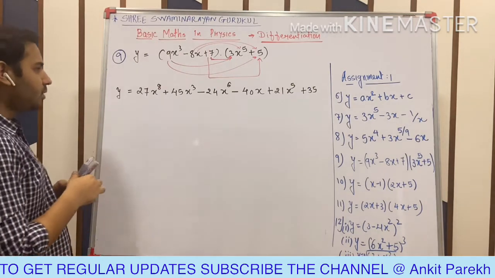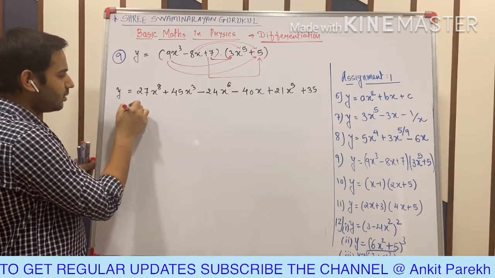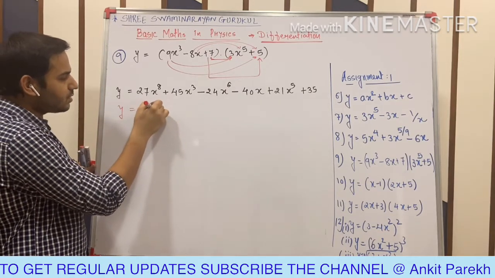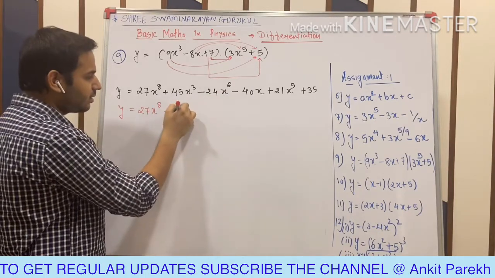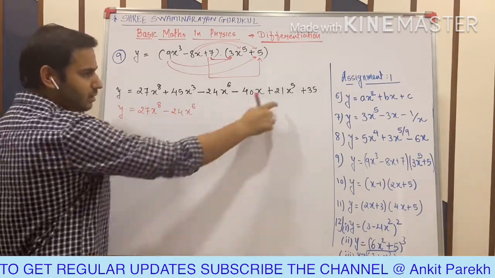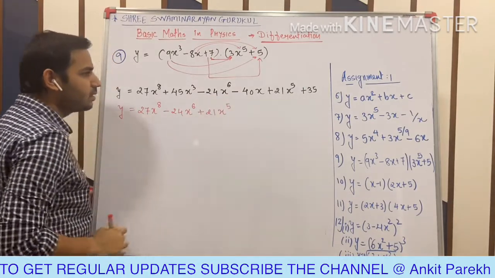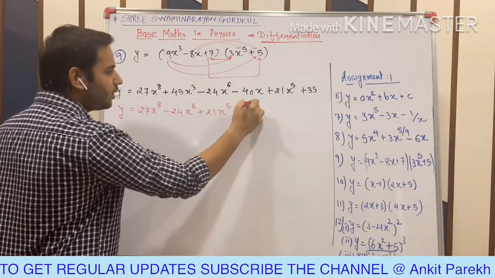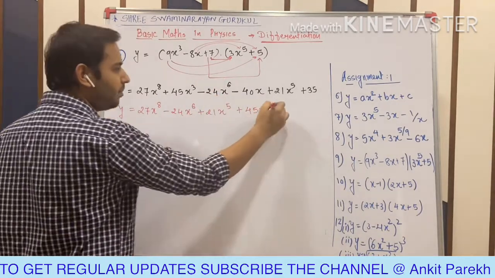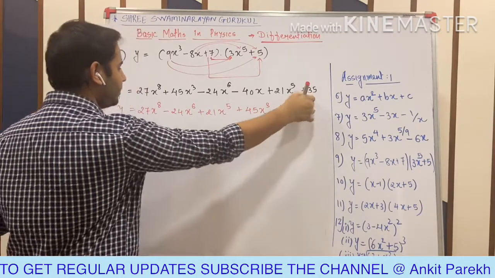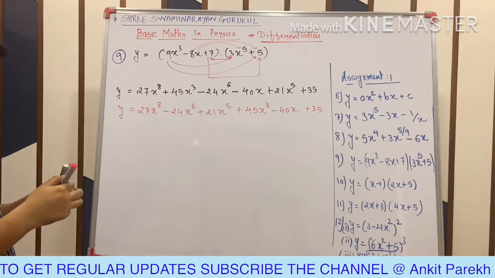So you can write the question in this manner: y is equals to 27 x raised to 8, then highest power is this 24 x raised to 6, then plus 21 x raised to 5, then this 45 x cube, then this minus 40x, and then only 35. Now differentiate this.